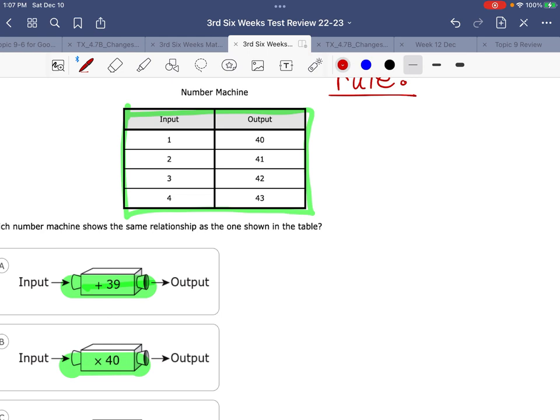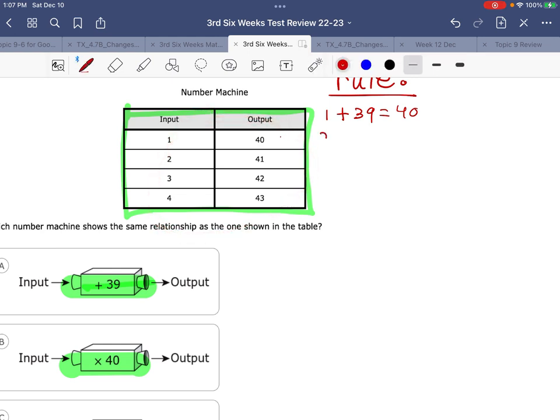So in A, they're telling me that if I get my input number, which is 1, and I add it to 39, then I will get my output, which is 40. So let's see, 1 plus 39, 40. It works for this one, but does it work for all of them?